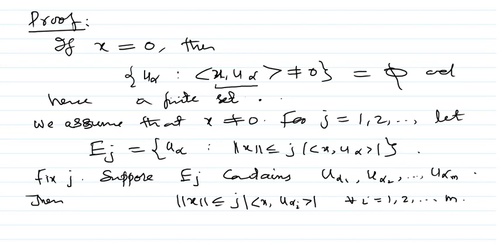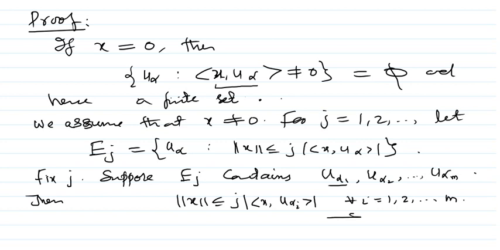Is it okay? Because u alpha 1 is also in Ej, this means norm of x is less than or equal to j times the modulus of the inner product of x with u alpha 1. u alpha 2 is also in Ej, so the inequality holds for it too. Similarly for u alpha 3 up to u alpha m, the inequality holds for all of them.